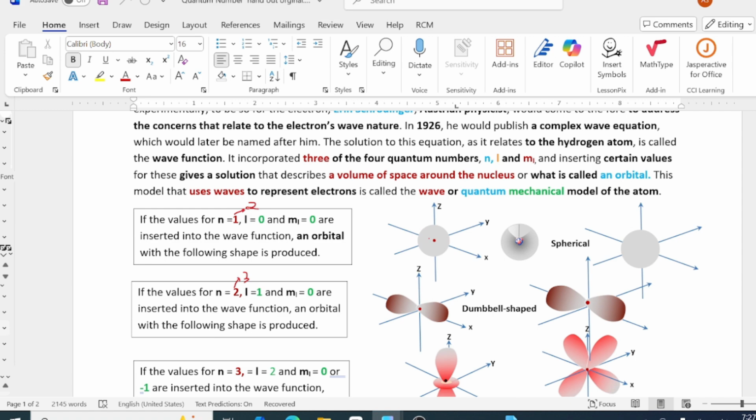If n is equal to 2, and l is equal to 0, and ml is equal to 0, and these are also inserted into the wave function, an orbital that is spherical is produced, but it is bigger in size than this one here. So everything stays the same, l and ml stay the same, but the value for n changes, which means that is an orbital in the second shell. That is why now it appears as a sphere, but larger in size than the first one.